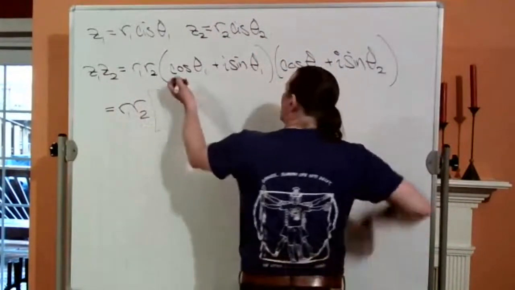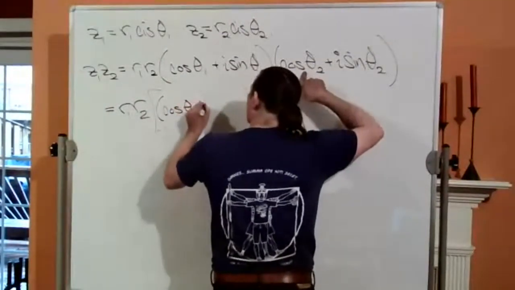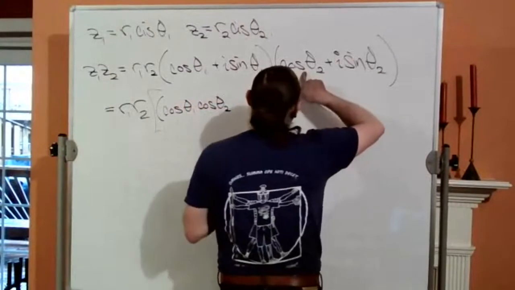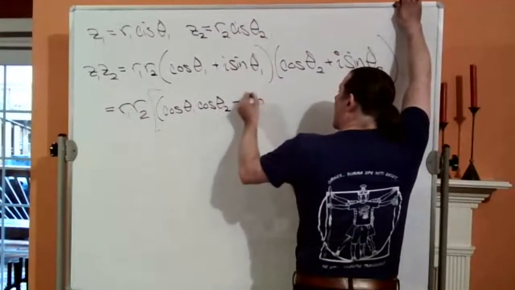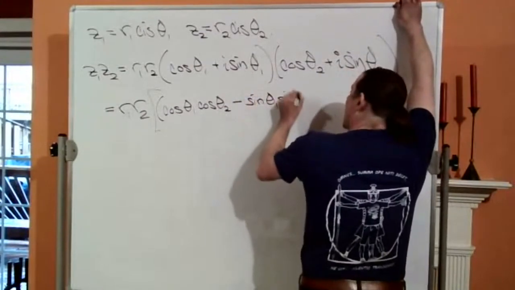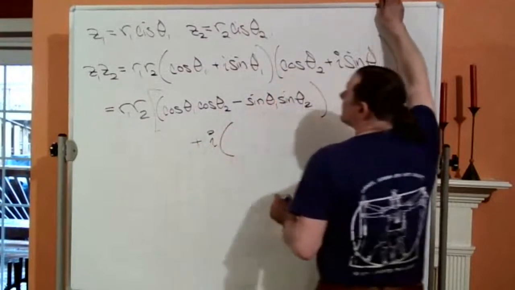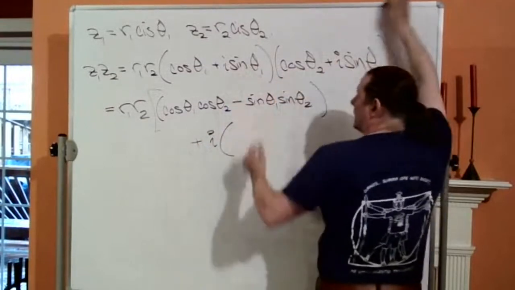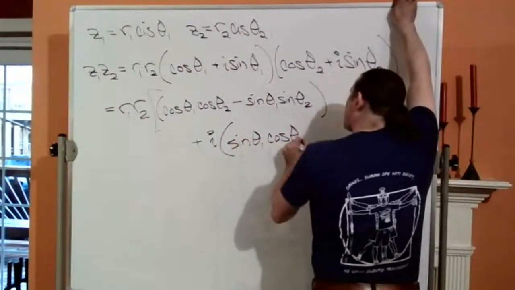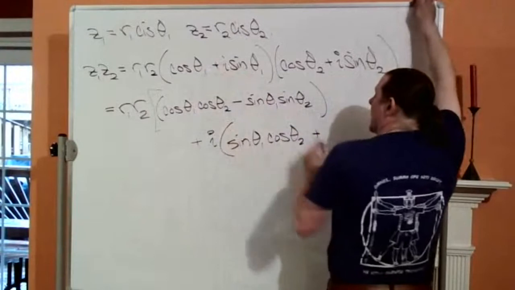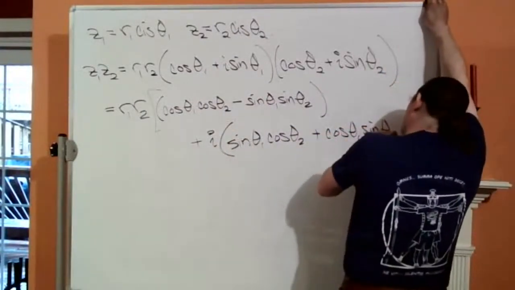So when we multiply this, we'll get cosine theta 1 cosine theta 2, minus, because it's i squared, sine theta 1 sine theta 2, plus i sine theta 1 cosine theta 2, plus cosine theta 1 sine theta 2.